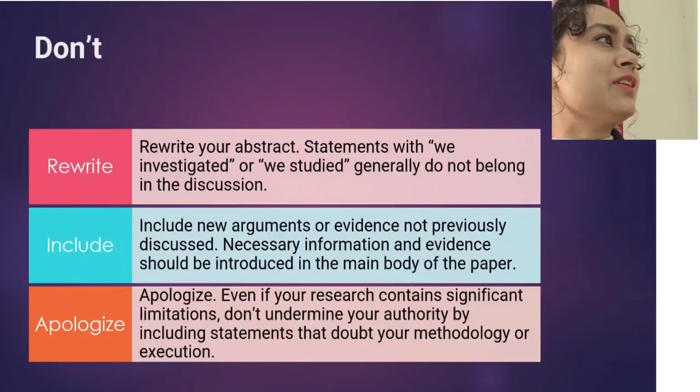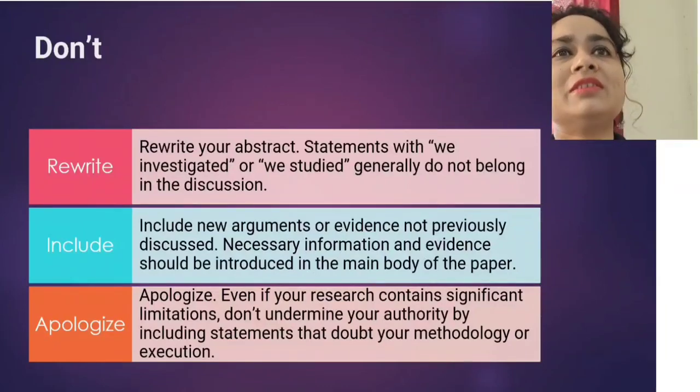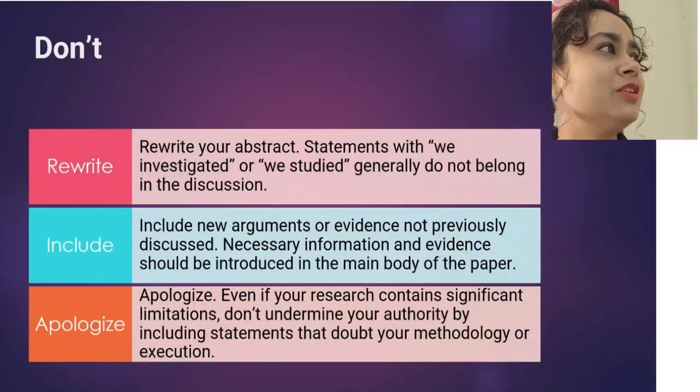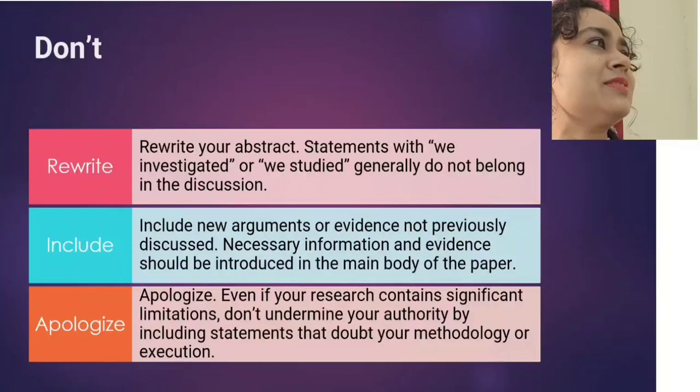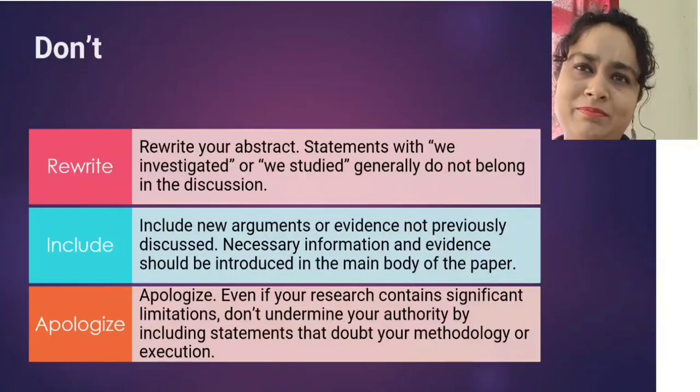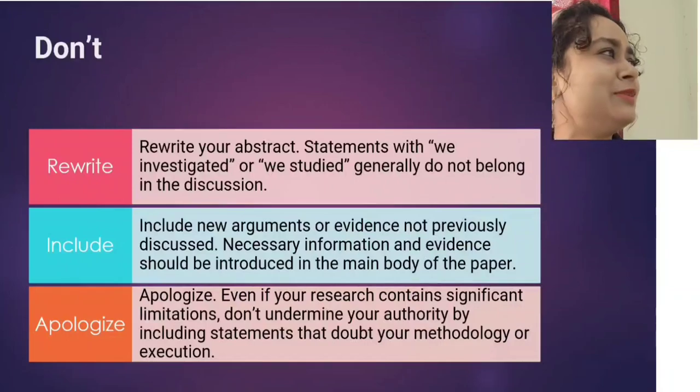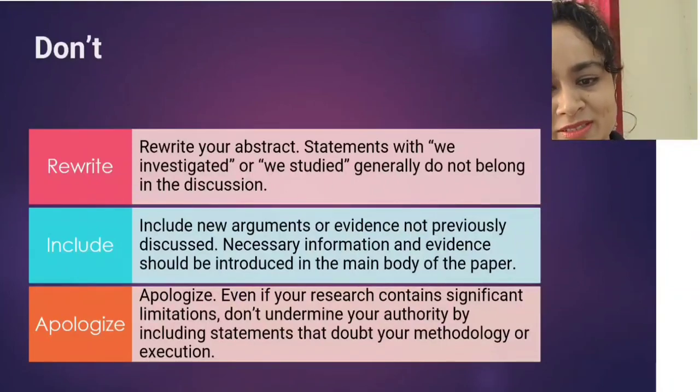And necessary information and evidence should be introduced in the main body, in either the introduction or the review of literature. And don't apologize, even if your research contains limitations. You can just give a statement about these are the limitations without actual apologies.